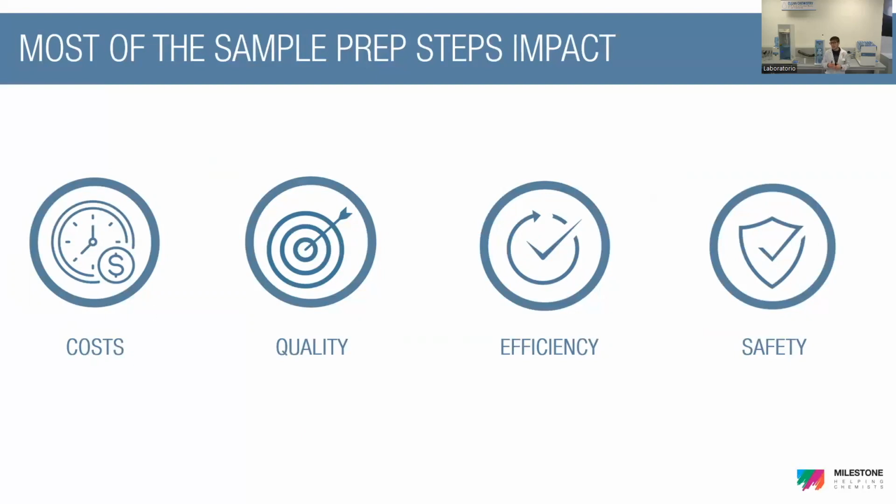And last but not least is safety. All the laboratories, especially the environmental labs, are looking to improve the safety of the working conditions in order to limit the direct exposure of the chemists to the acid vapors.